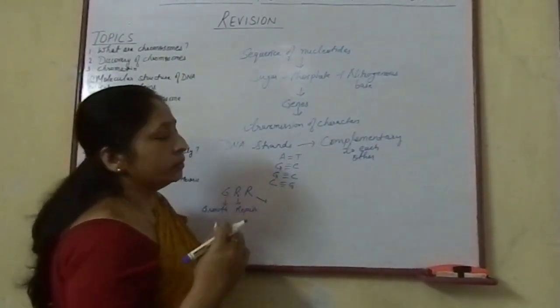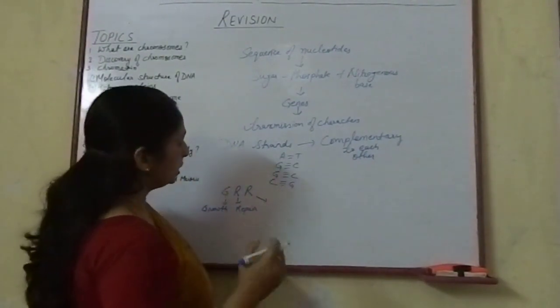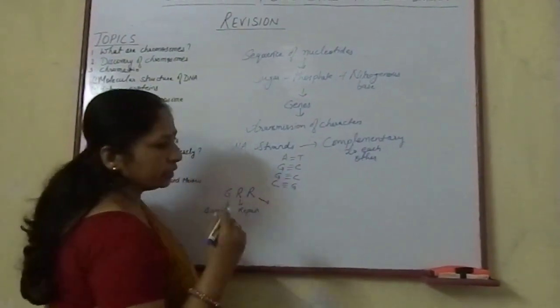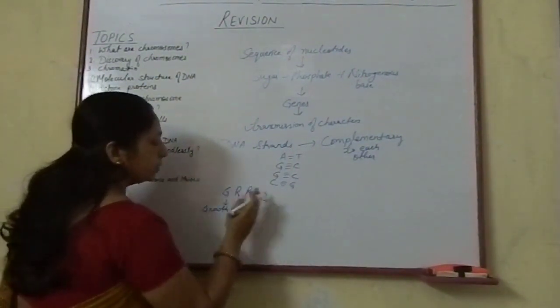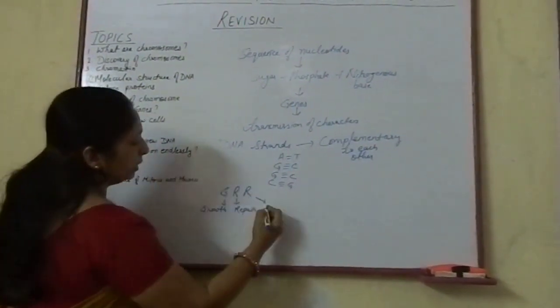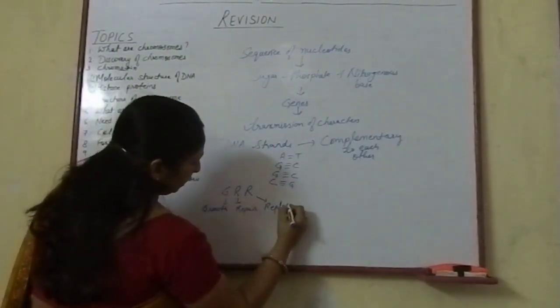New cells are formed to remove the dead cells. Continuous wear and tear of cells takes place, as in the case of skin. For the replacement of dead cells, new cells are formed regularly.